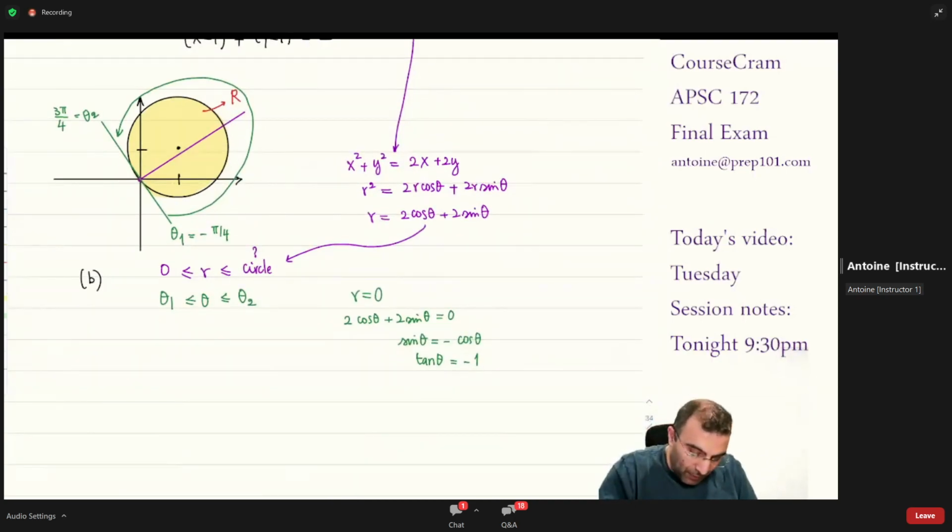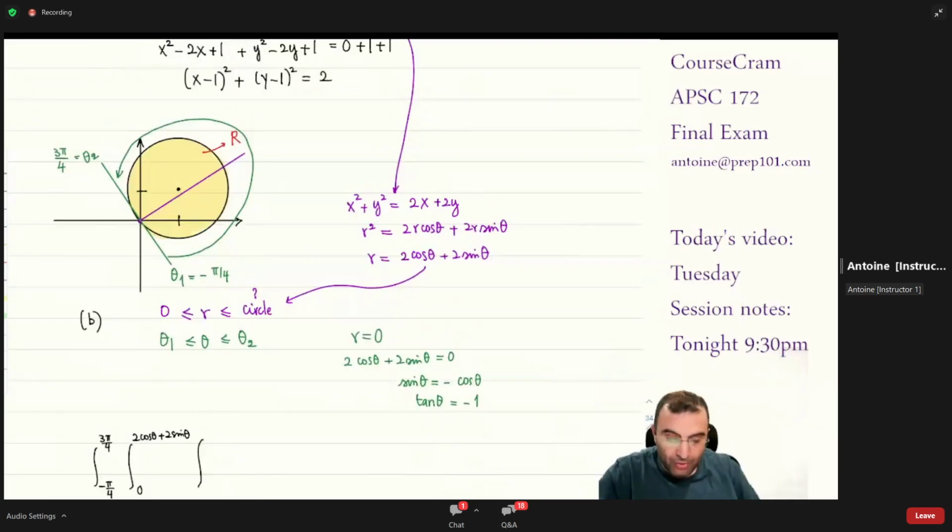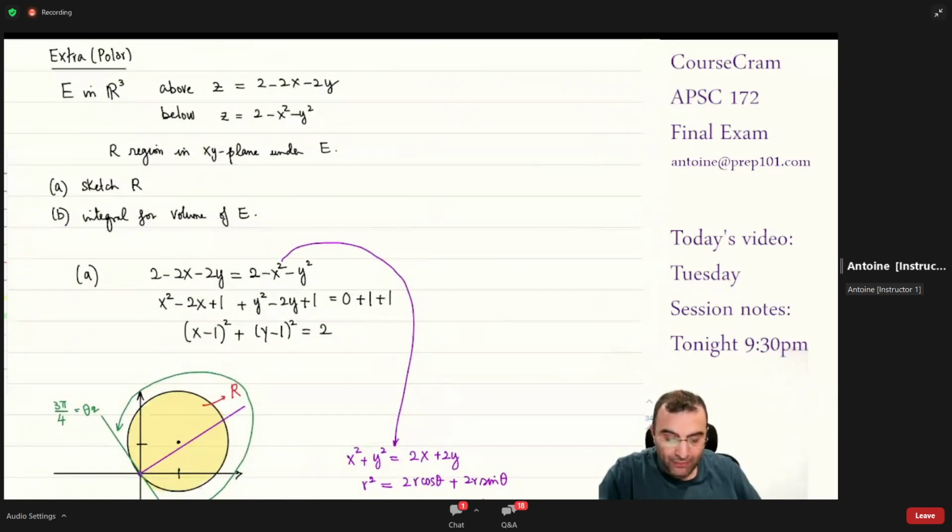So if I want to find the volume, theta goes from minus pi over 4 to 3 pi over 4. R goes from 0 to 2 cos theta plus 2 sine theta. And then Z, we have it here. It's above this and below this.